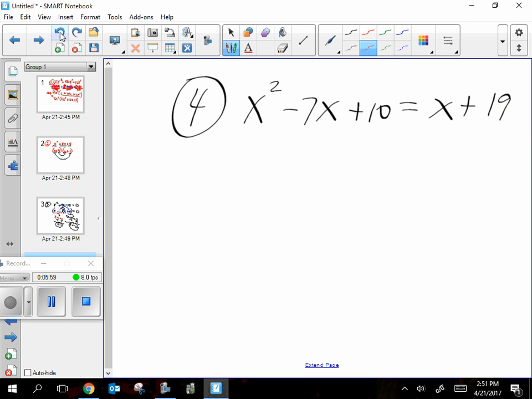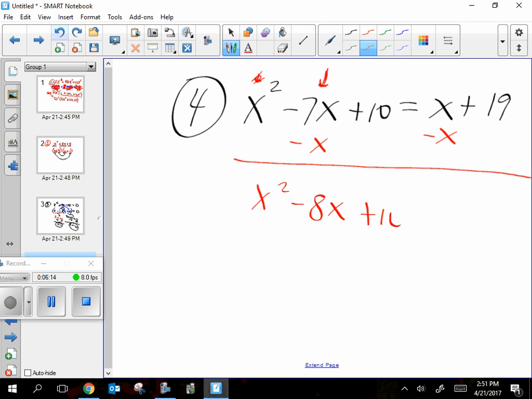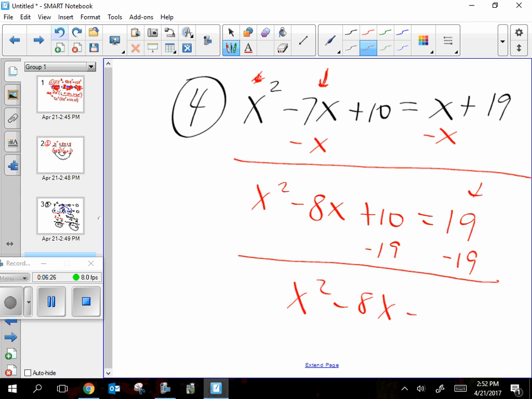I'm going to subtract x from both sides. Now x's can only go with the other x's. They can't go with the x squareds. They can only go with other regular x's. So now I have x squared minus 8x plus 10 equals 19. Now, to get it equal to 0, I've got to get rid of the 19. Taking away 19 from both sides, and I have x squared minus 8x minus 9 equals 0.